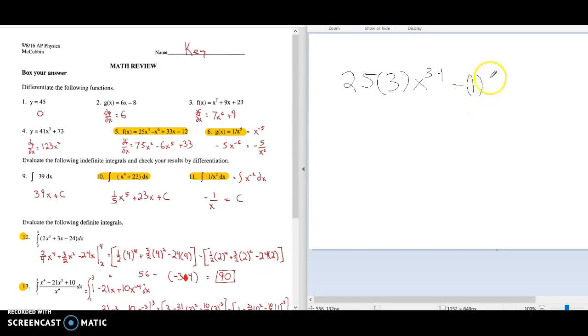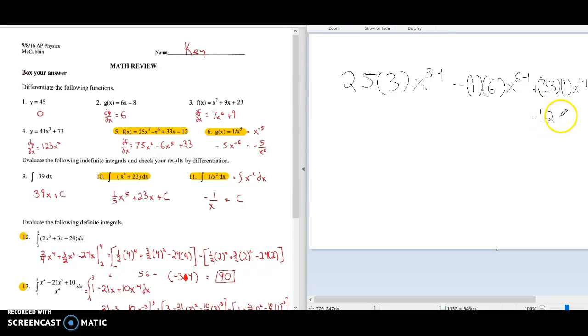The exponent is 6, so multiply that out front, times x to the 6, you subtract 1, and then we have plus 33, and the exponent is 1, so multiply that by 1, and you do x, and the exponent is 1 minus 1. And the last one is minus 12.